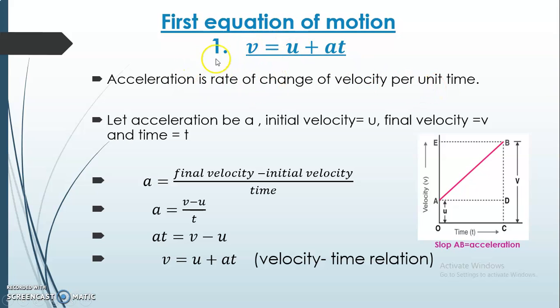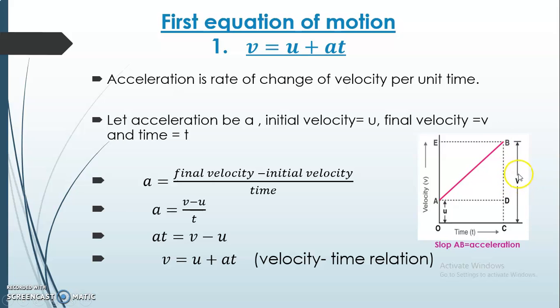So the change of velocity per unit time is acceleration. And you should also know till now that in this graph, the initial velocity is u at the point A. Suppose a body or a car starts from the point A at the velocity u and reaches the destination B with the velocity v.